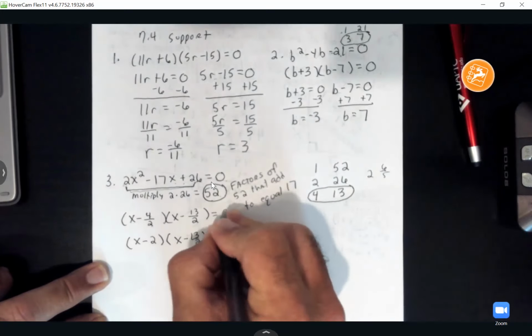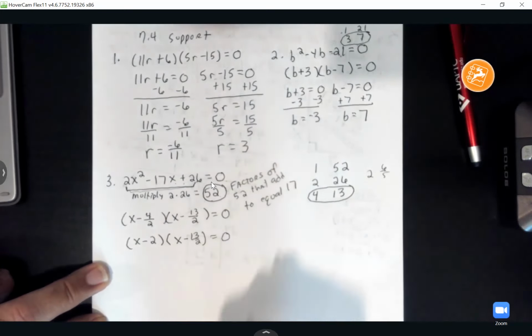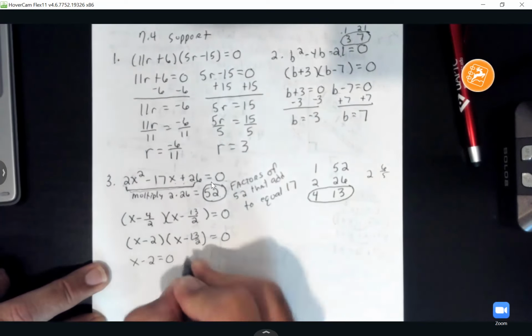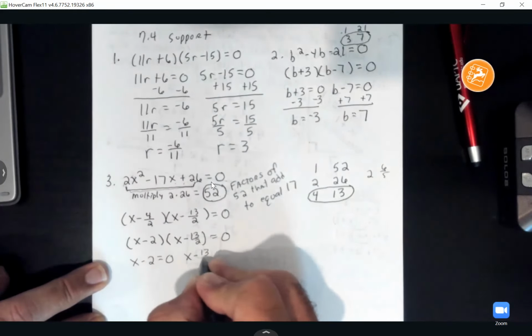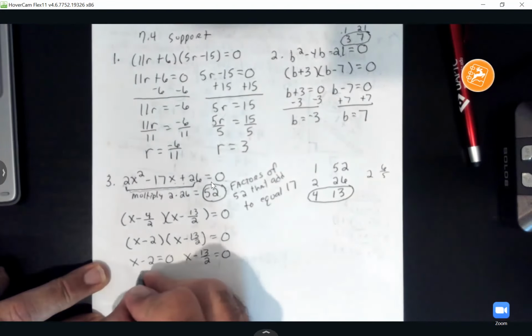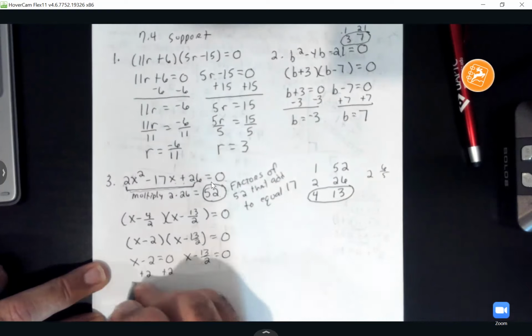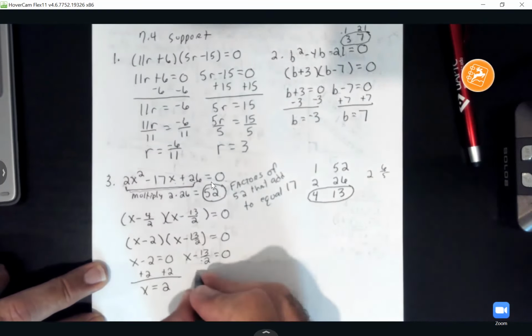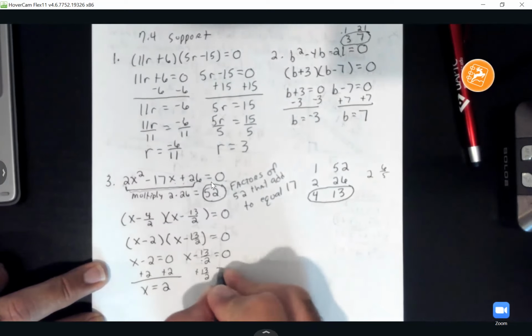Now remember, all these are equal to 0, right? So solve both of these by setting them equal to 0. So guess what? Add 2 and be done. Add 13 halves to both sides and be done.